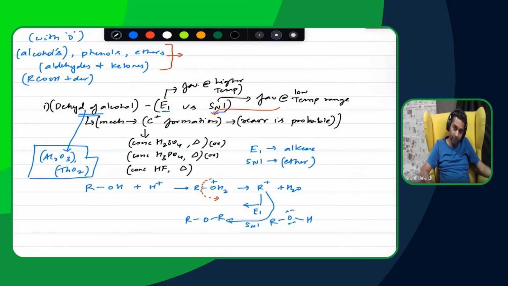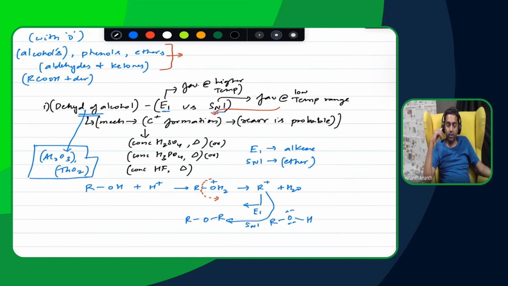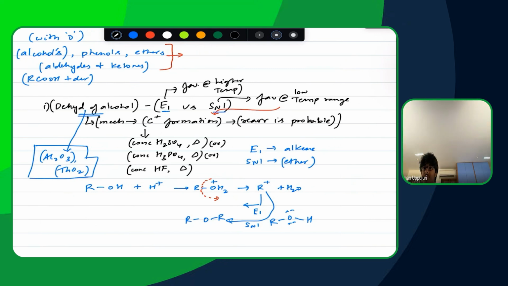What are the reactions you remember connecting? Oxidation is there, but that's similar to ozonolysis. What are the reactions other than oxidation? Oxidation is the same as ozonolysis, we just talked about it. Any other reactions you remember? What oxidation do you remember? Strong oxidizing agent is taken care of now.